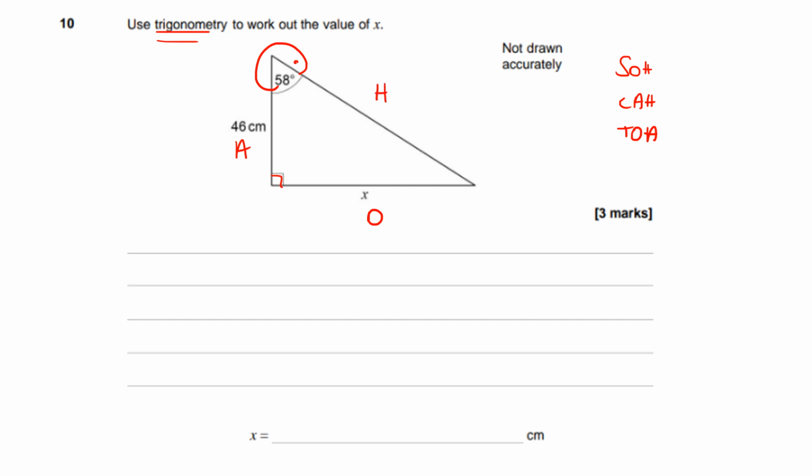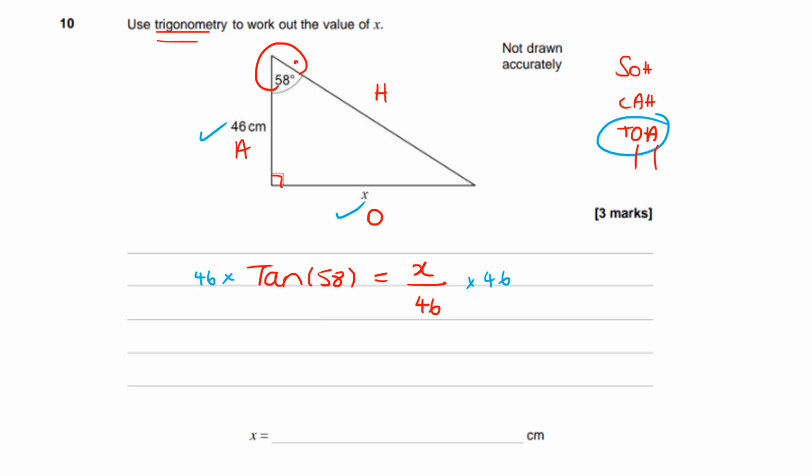In this question, I'm using these two sections because I'm trying to find out x, and the adjacent is given to me. So opposite and adjacent is going to be what I'm looking for. So it's going to be tan. So I've got tan 58 is equal to opposite divided by the adjacent, which is going to be x divided by 46. At this stage, you're going to need to times both sides with 46.